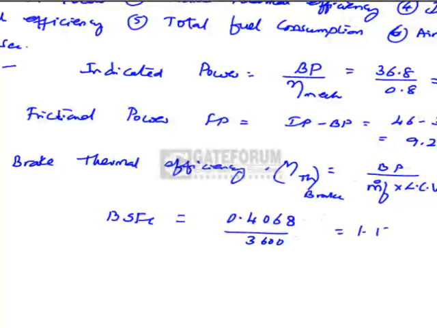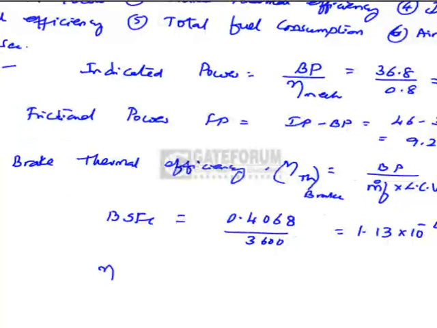It yields 1.13 into 10 power minus 4 kg per kilowatt second.